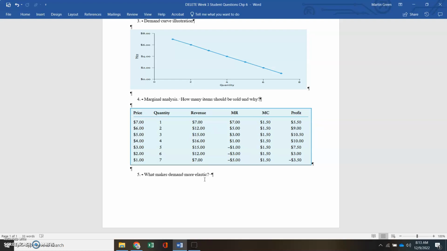Interestingly, brand is another important element, and brand makes products less elastic. That's the reason why Coke, Pepsi, Nike, and some of the other large corporations spend so much time on marketing, because the branding creates less elasticity. As a result, they can price higher.